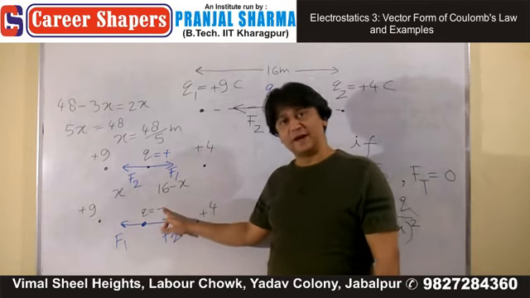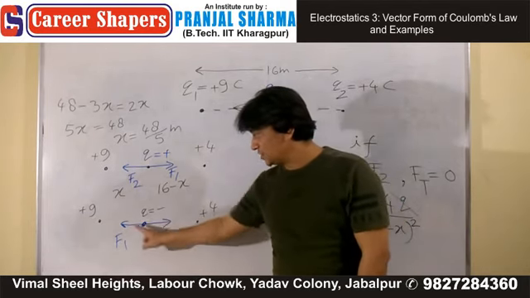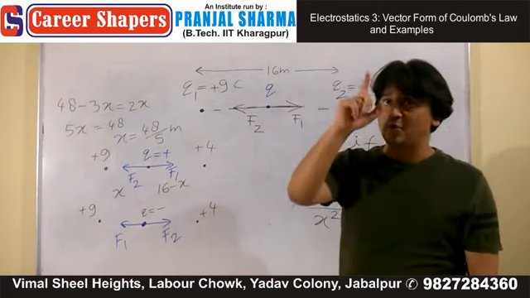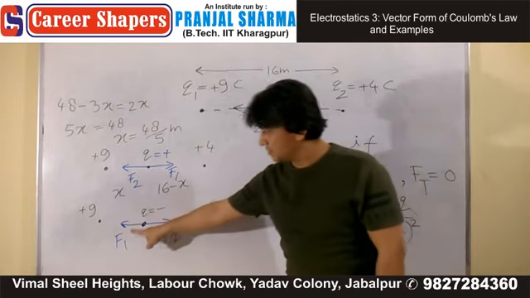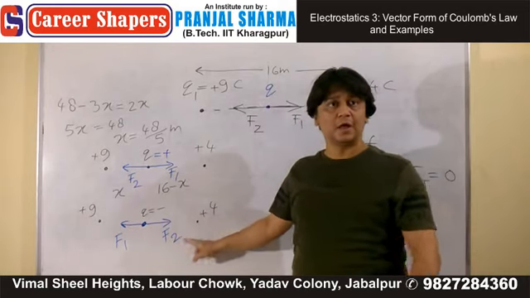Once you make it negative, their directions are opposite to what they were in the initial setup. This F1 becomes this F1, this F2 becomes this F2.